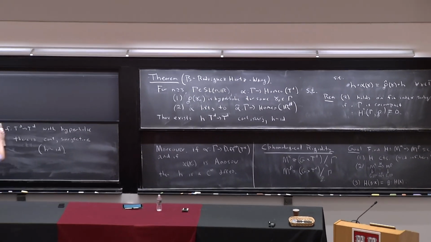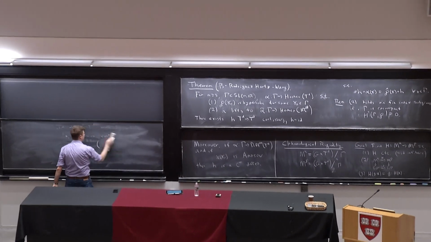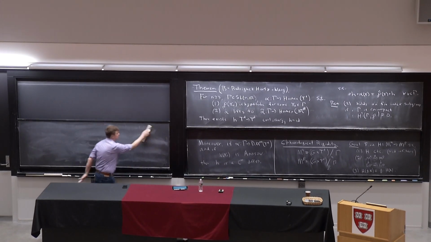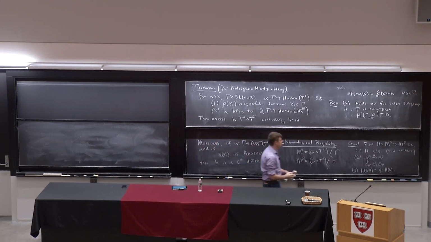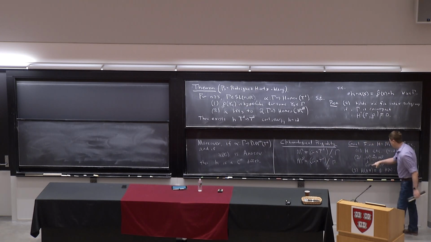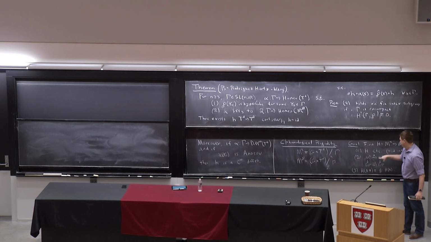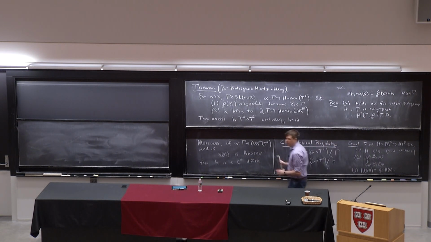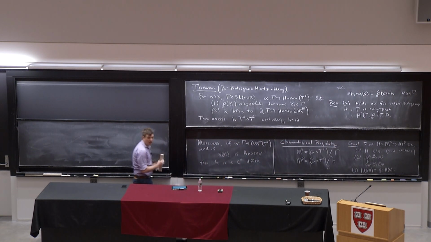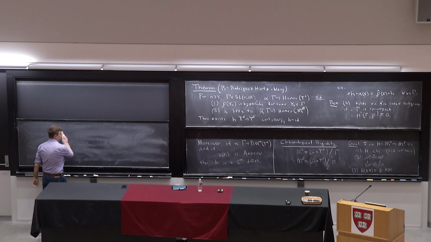And so you can sort of make a guess for what this H should be. And of course, your guess is wrong. But your guess for what this H could be is maybe you take the identity here and you just lift it to the identity up here. Of course, you don't even know that these guys are homeomorphic, so you take a measurable approximation for this object. But you can make some sort of guess for what kind of H it should be. And of course, it doesn't work.